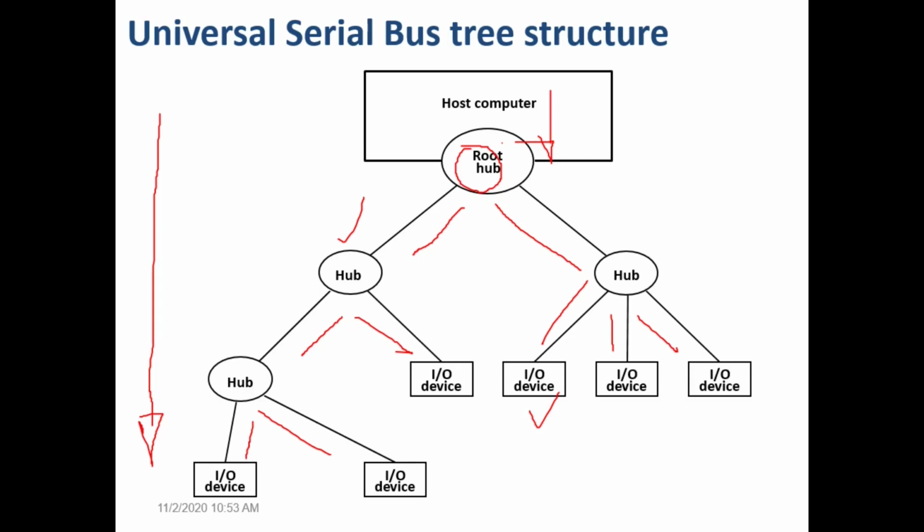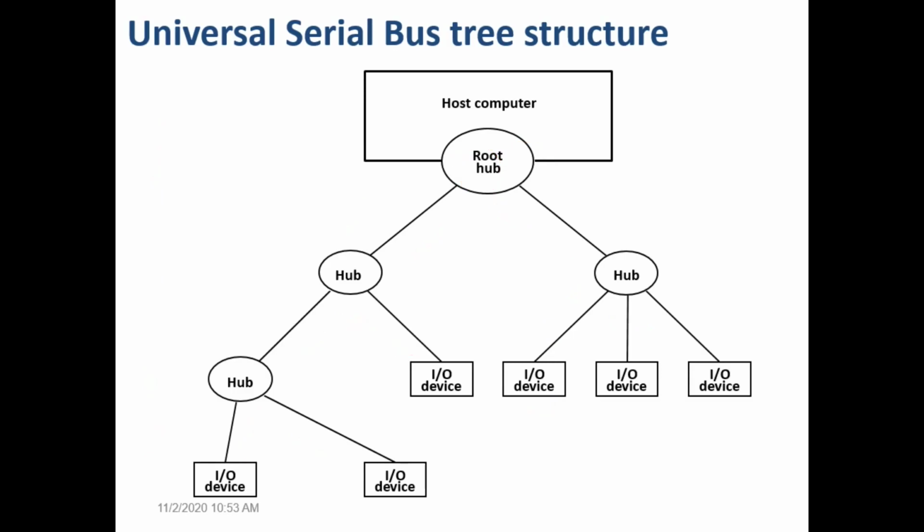It's called broadcast. But when data has to be sent from an IO device to the processor, then the data is not broadcast. Instead, data passes through a specific path and reaches the processor.